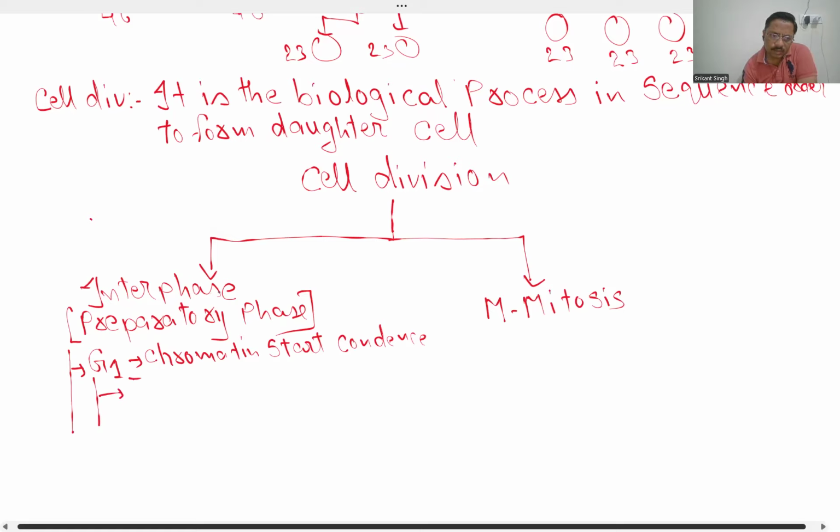Tubulin protein is going to be formed in G1 phase.